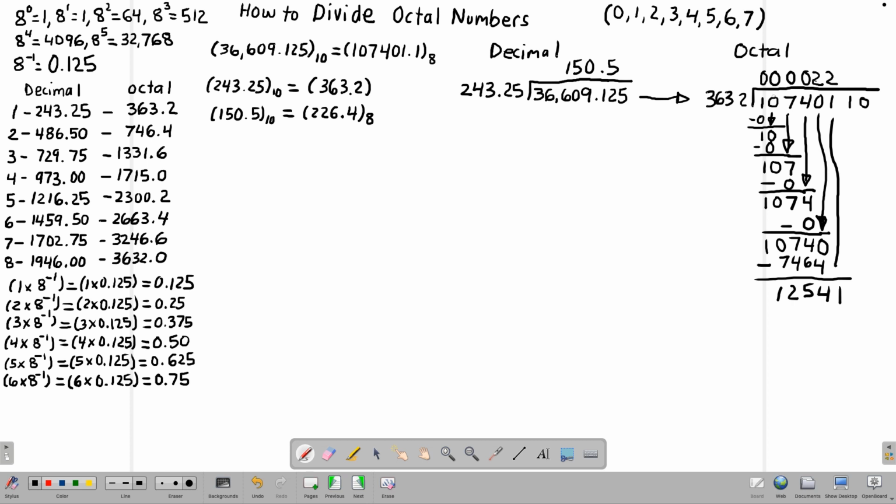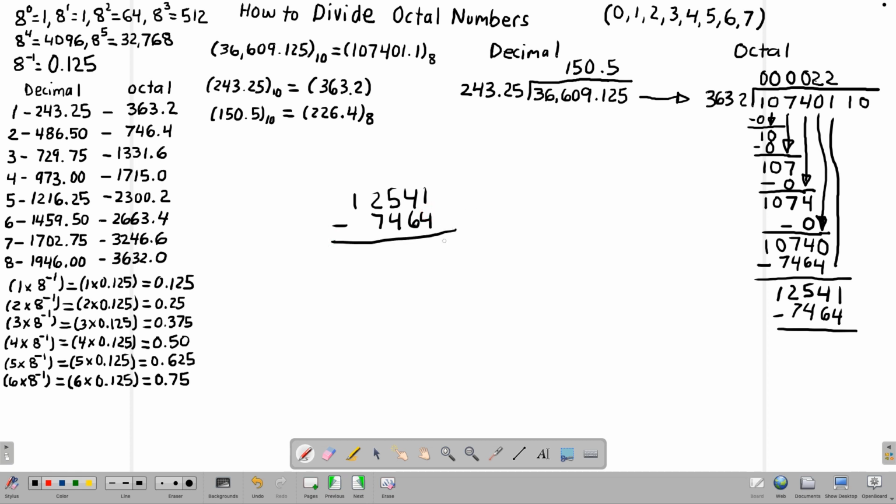And when we got 2 times 3632, we get the value 74.64. We subtract, and let's put it out here so we can show what we have. 12,541 subtract 74.64.